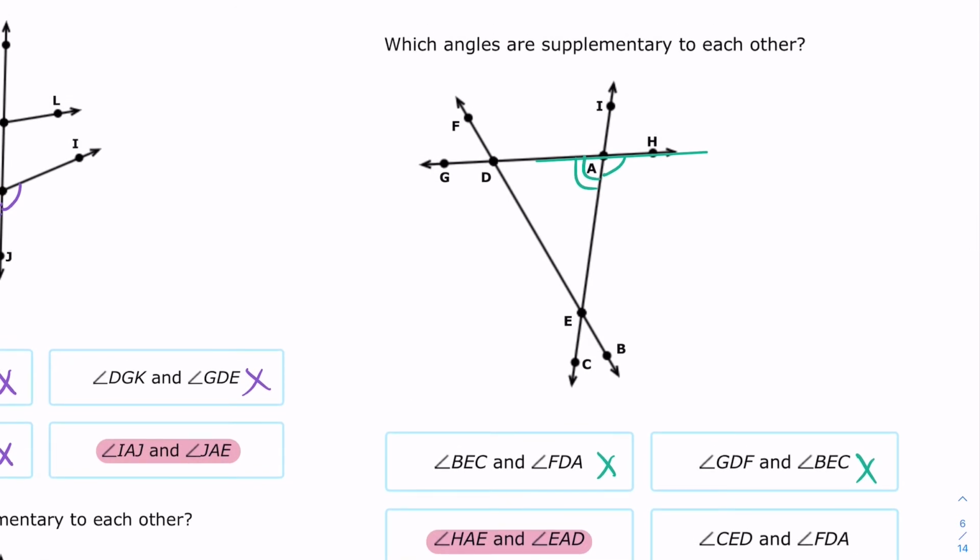I meant to say they are a linear pair because they're adjacent and supplementary. Okay, and the last one, which I could test, is CED. So CED was this one, and FDA is this one. And again, we are not in the right spots for those. Okay, so we're going to erase those. So this one is now correct.